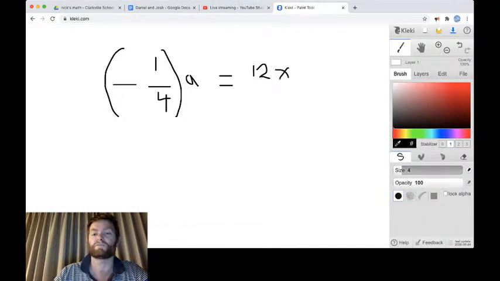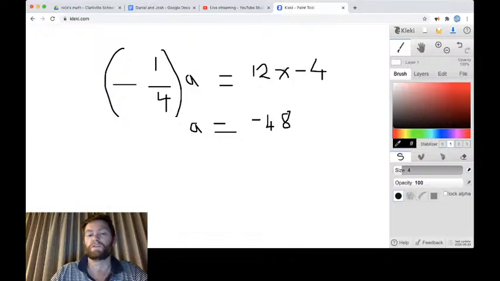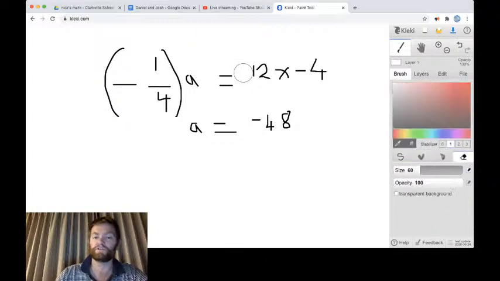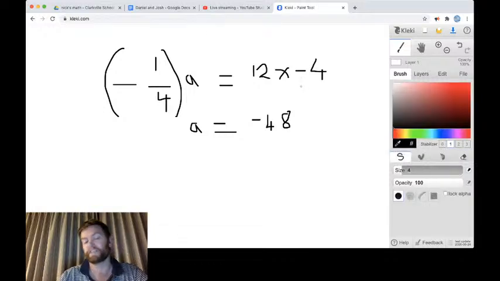So it's like multiplying it by -4. So A equals -48. For it to go positive, you'd have to have two negative numbers, which we didn't. Two negatives make it a positive, one makes it go negative.